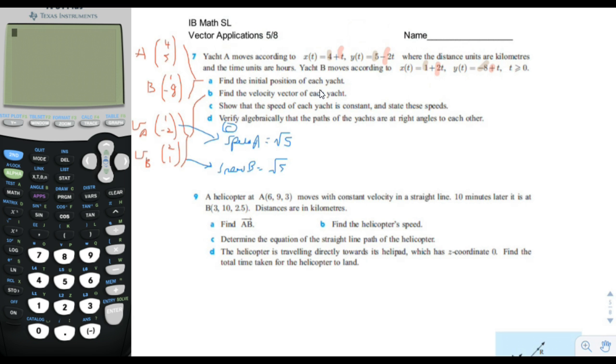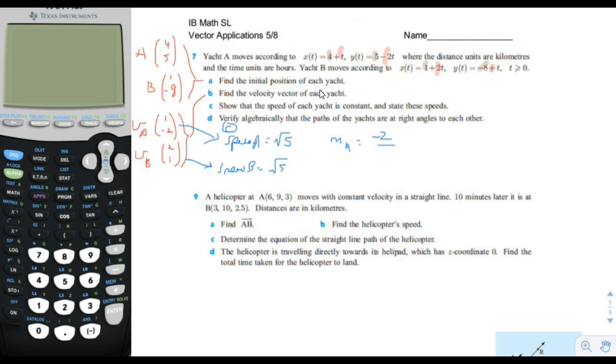That would be C. D. Verify algebraically that the paths of the yachts are at right angles to each other. We can find the slopes of each. So the slope of A is equal to negative 2 divided by 1, right?